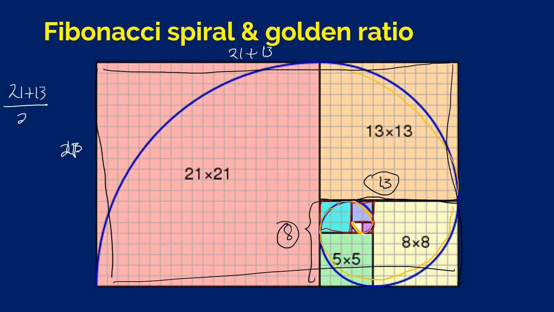Always the bigger number over 21. So again, the A plus B over A in this Fibonacci spiral will approach our golden ratio as you make your rectangles bigger and bigger.